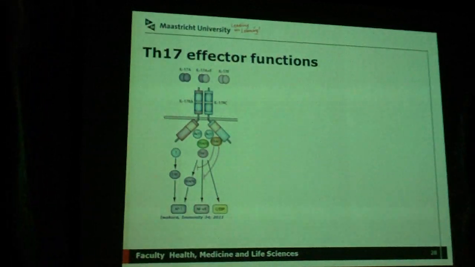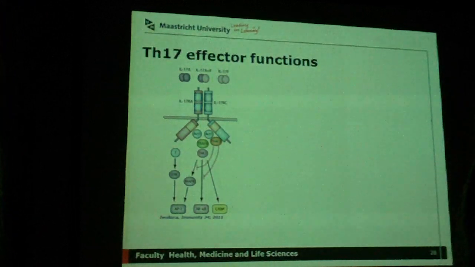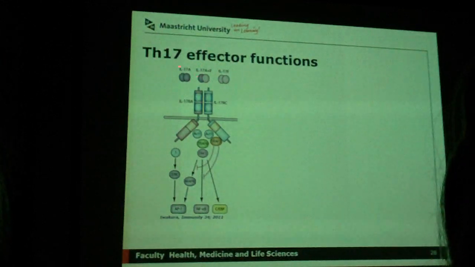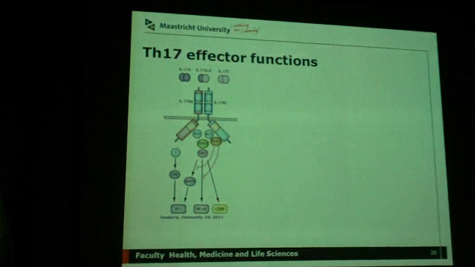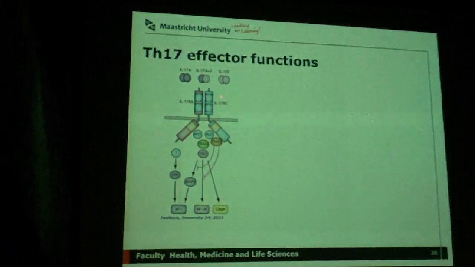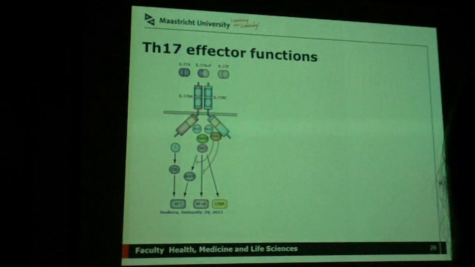Most important in respect to Th17 cells is IL-17A and F. They can form homodimers or heterodimers, and as such bind to their receptor on target cells, which is composed also of 2 subunits, IL-17 receptor A and C.